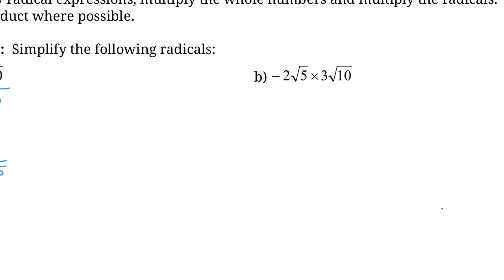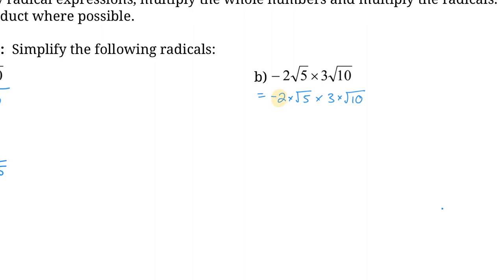In the next question, we have negative 2 root 5 multiplied by 3 root 10, okay? And that really just says negative 2 times root 5 times 3 times root 10. So looking at this, we have some common items here that we can multiply together.